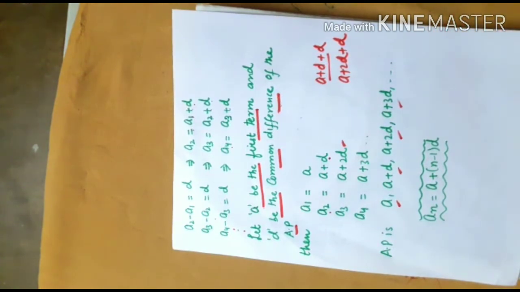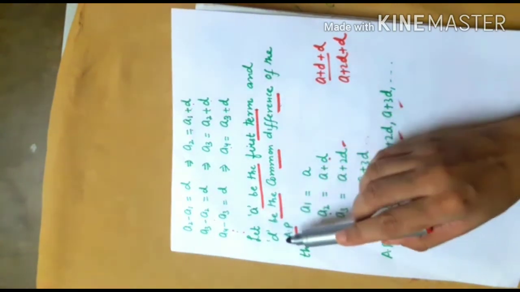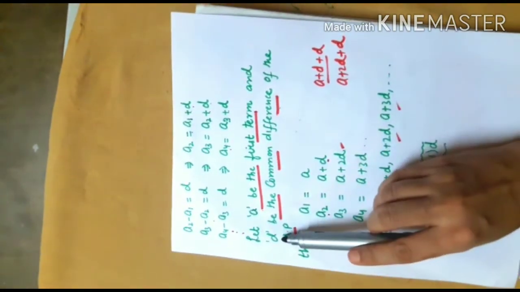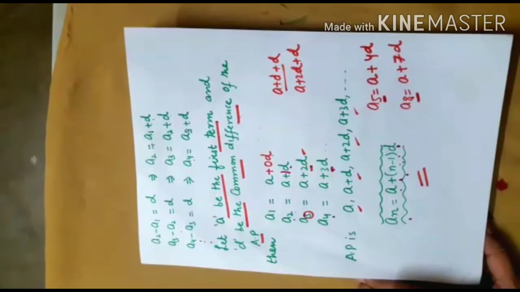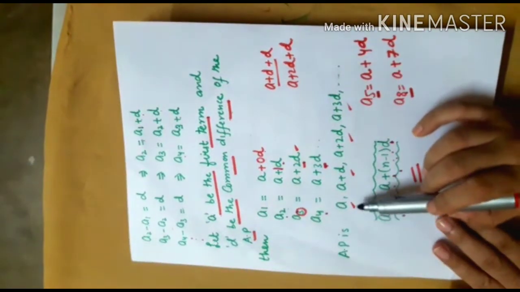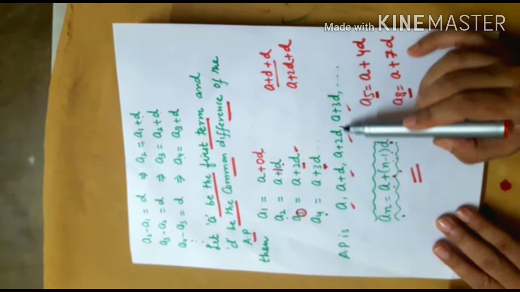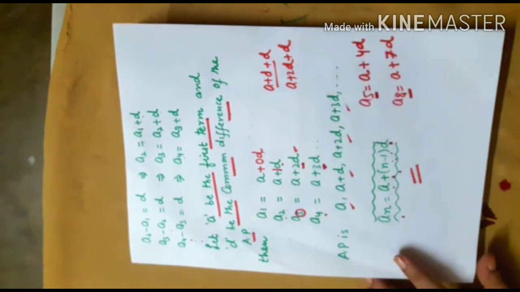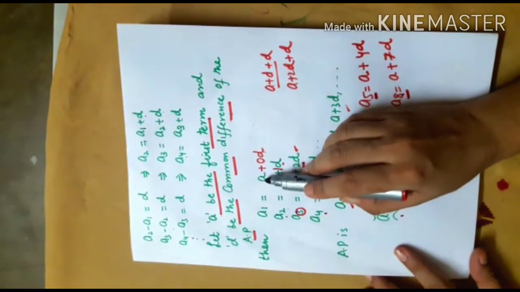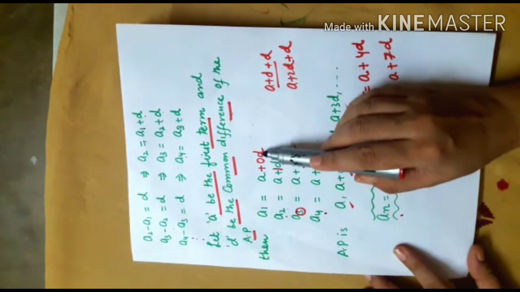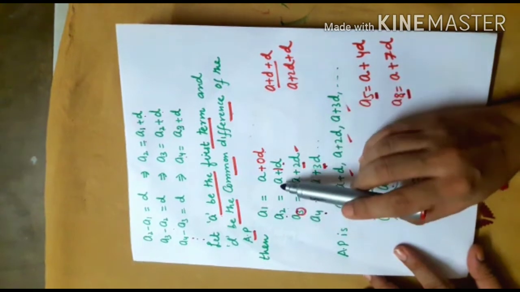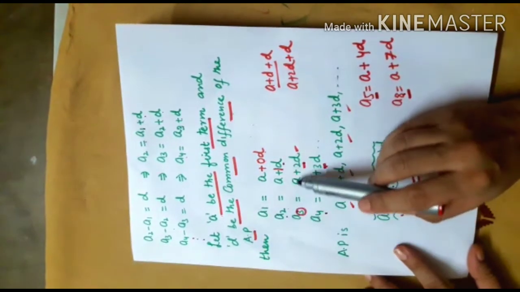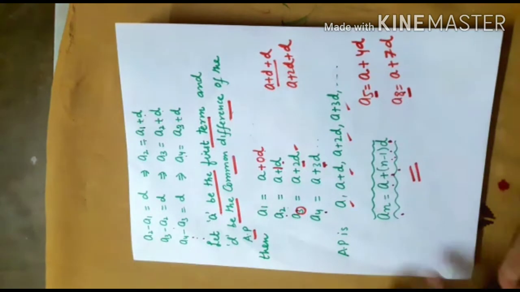Thus, in order to write an arithmetic progression, we need to know two things: the first term, that is A, and the common difference, that is D. So the AP is given by A, A plus D, A plus 2D, A plus 3D and so on. Now look here. A1 is equal to A, which I can write as A plus 0D. A2 is A plus D, A3 is A plus 2D, A4 is A plus 3D.